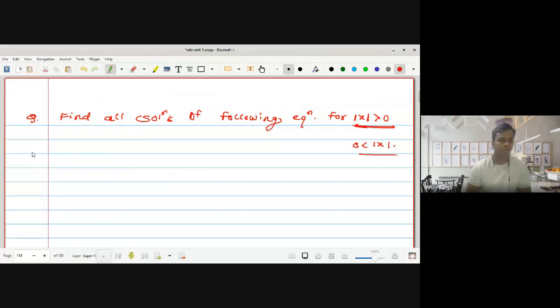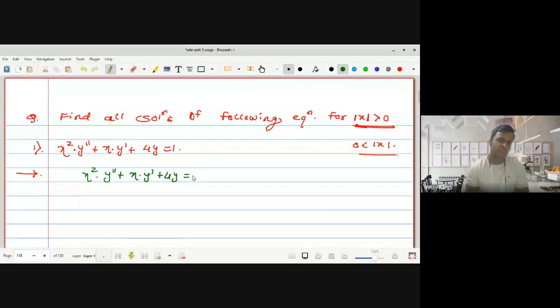Okay, so first one: x square into y double dash plus x into y dash plus 4y is equal to 1. This is non-homogeneous, since the right hand side is not equal to 0.